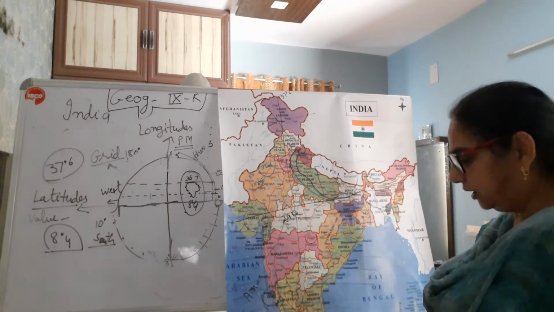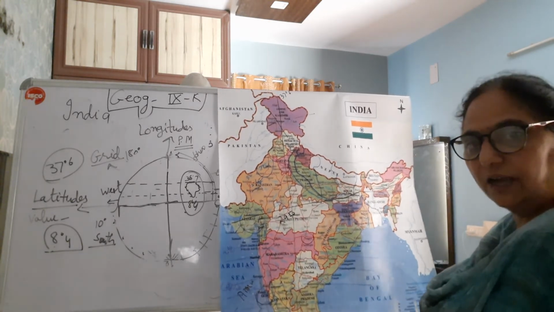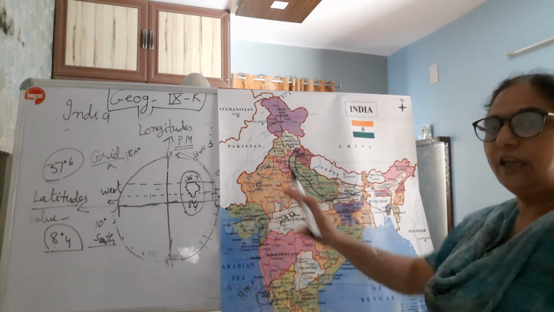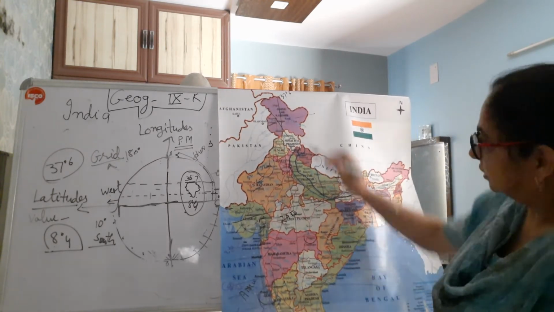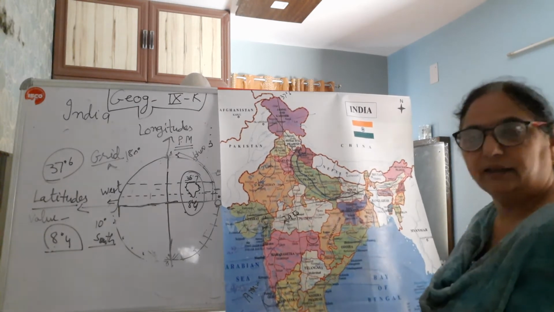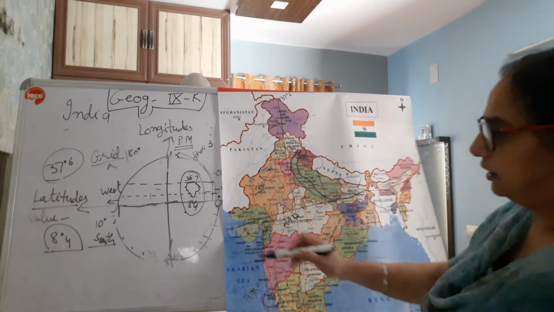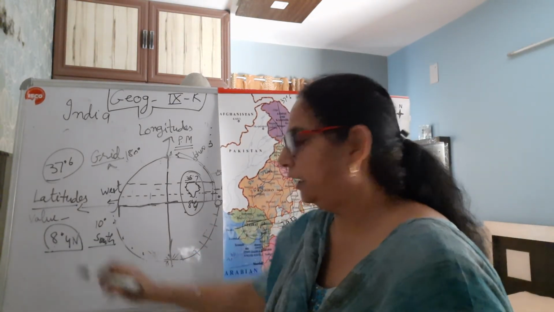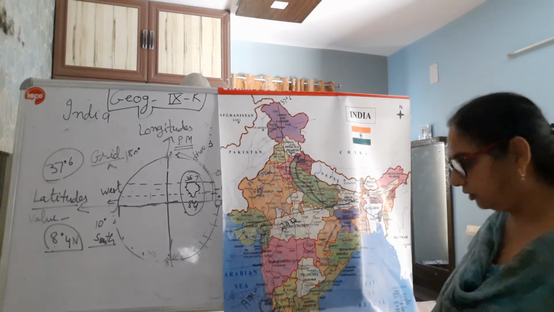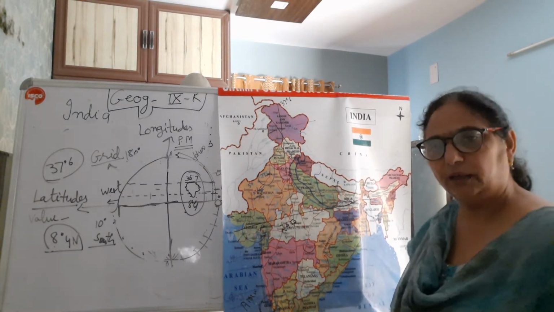But be careful, it is the southernmost and northernmost tip of India. But when we take it degree wise from the globe, both this point and this point are in the category of the northern hemisphere. That's why we write here 8.4 degree north. Don't take it as southern. It is the southern of India, but not from the world map.